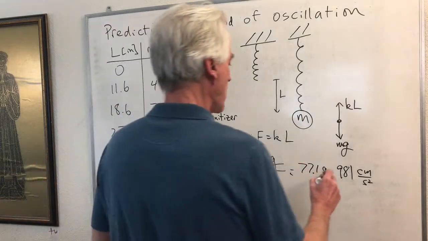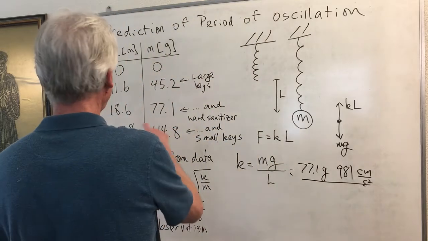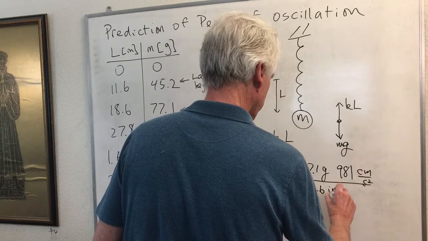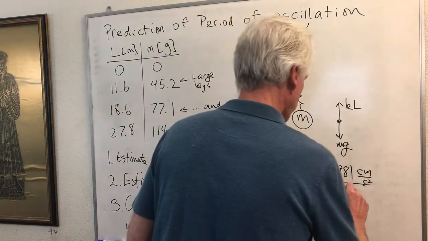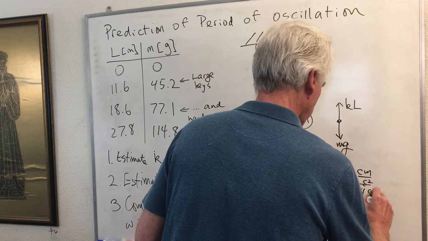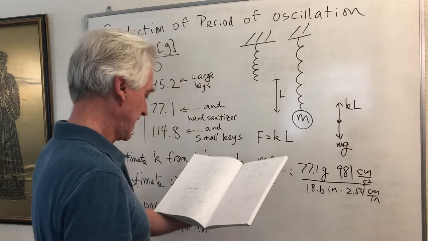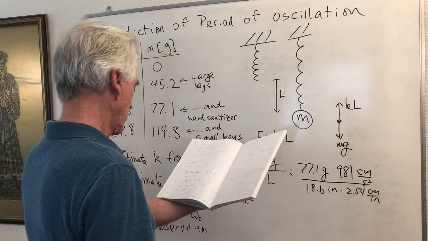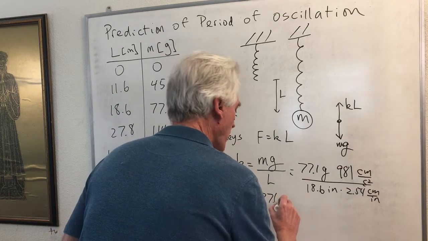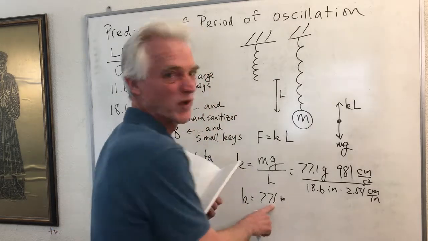All right, and I'm dividing this by the length, which is 18.6 inches, but I want to convert that to centimeters. I'm going to multiply that times 2.54 centimeters per inch. So I get K is, all right, well, let's just do it all out. 77.1, I'm not going to use a little star for times because the decimal point is a point.